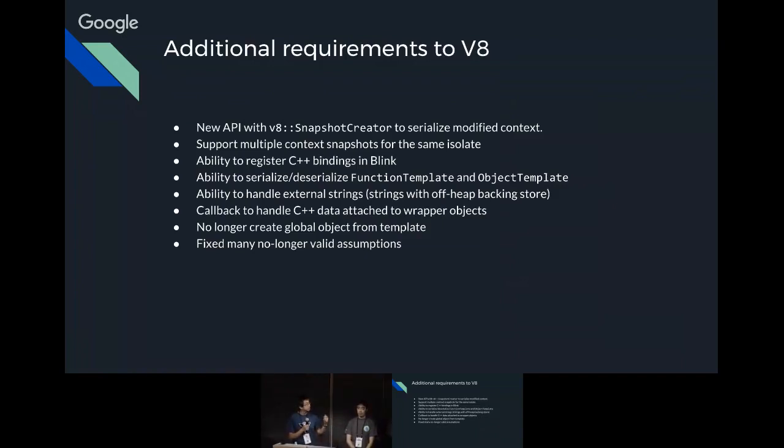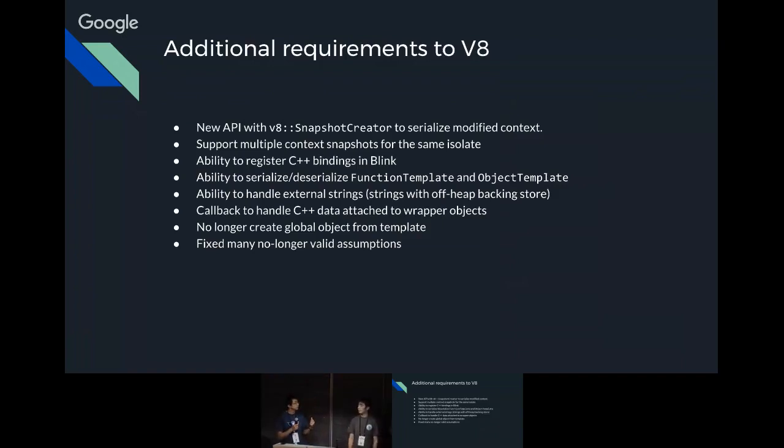And then, of course, Blink has different C++ bindings that we also have to be able to serialize. So we added a new way to register those bindings from Blink to V8 so that the V8 serializer can recognize them. And we have added the ability to serialize and deserialize function and object templates as single objects that you can directly extract from the snapshot.